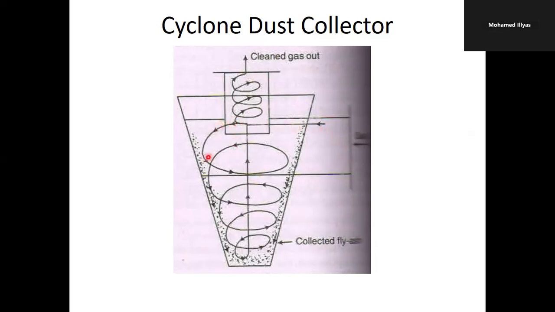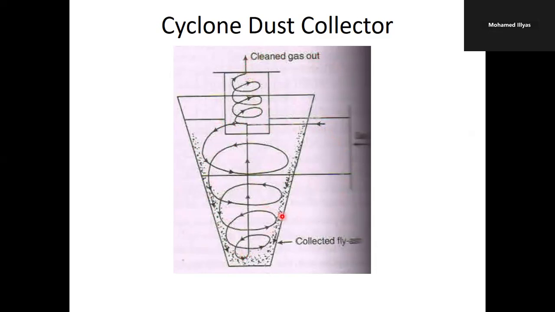When it is passing through this dust collector, because of the centrifugal force, the heavier dust particles will be thrown out and collected at the bottom, and the light dust particles will be supplied through the filter into the atmosphere.